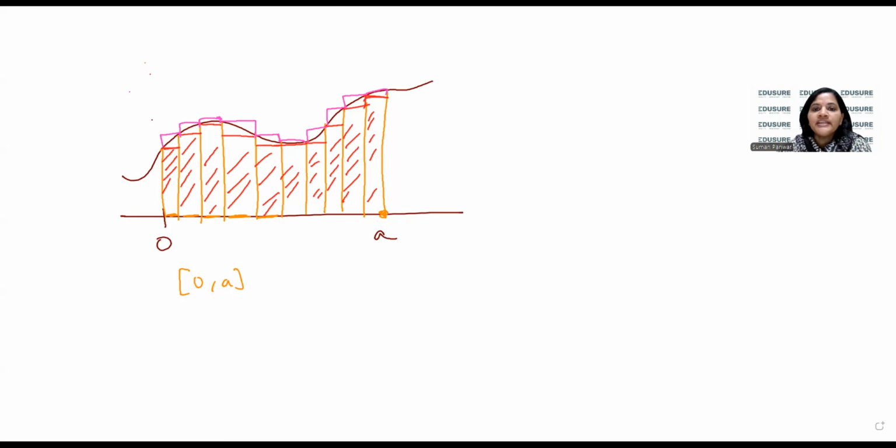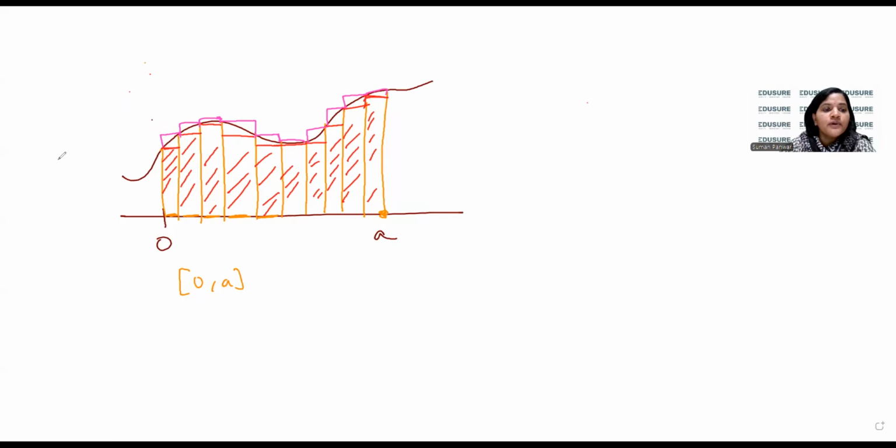When I am approximating the area under this curve using the lower rectangles, the area is less than the actual area under the curve. And when I'm approximating this area using the upper rectangles, the area calculated is more than the actual area under the curve.